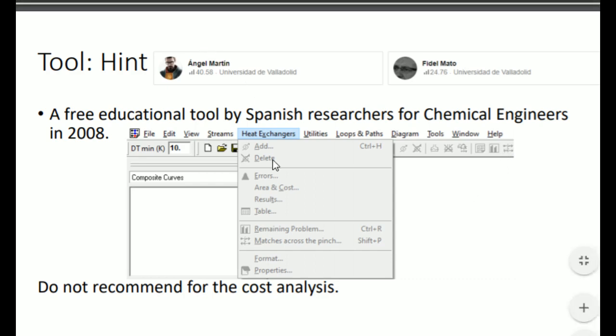It works very well for a bunch of stuff, except that the cost analysis doesn't work well. How it works is you put your delta Tmin in a text box, and you add all your streams exactly like in the problem solving, and it gives you all the curves. It gives you the composite curves, everything, so it works fine.